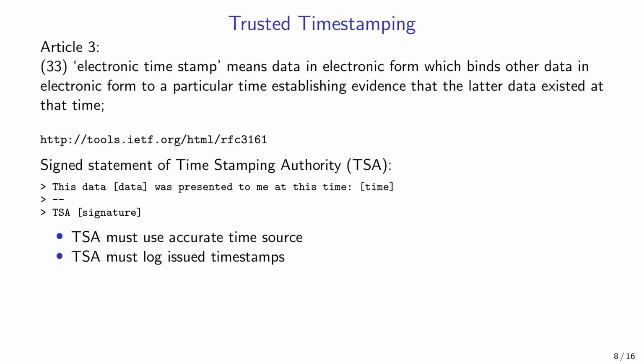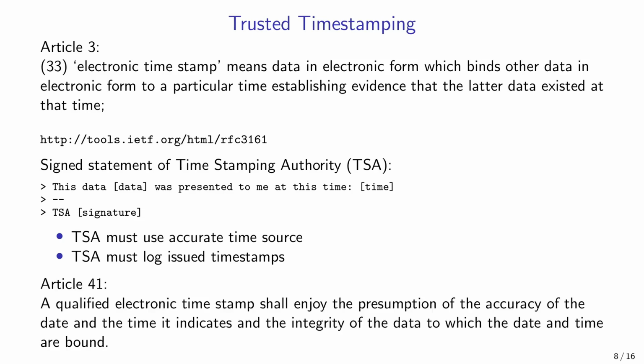Under eIDAS, the timestamping is regulated as a separate trust service that can be provided by qualified trust service providers. What is important to note is that eIDAS grants the presumption of authenticity for qualified electronic timestamps.